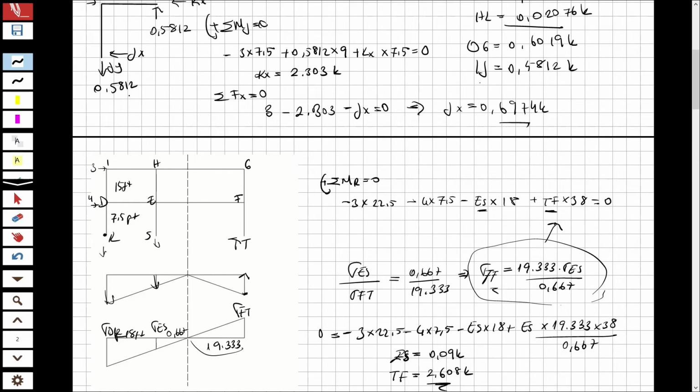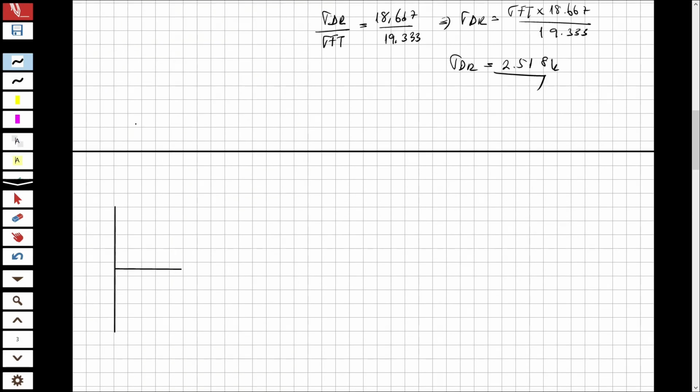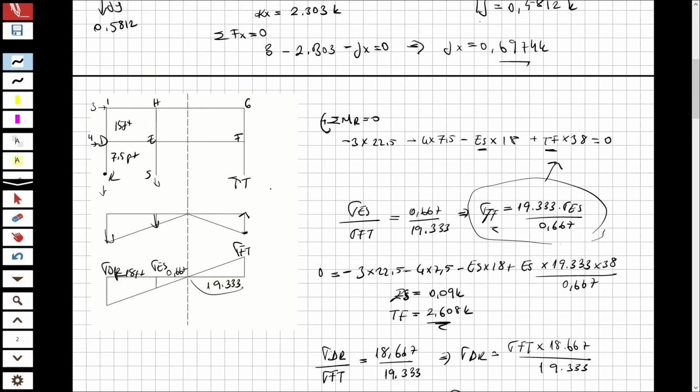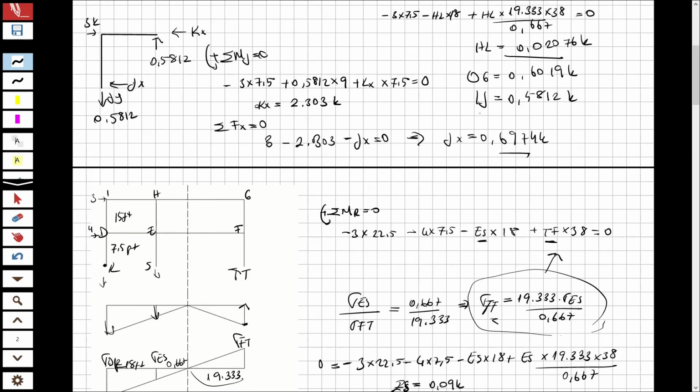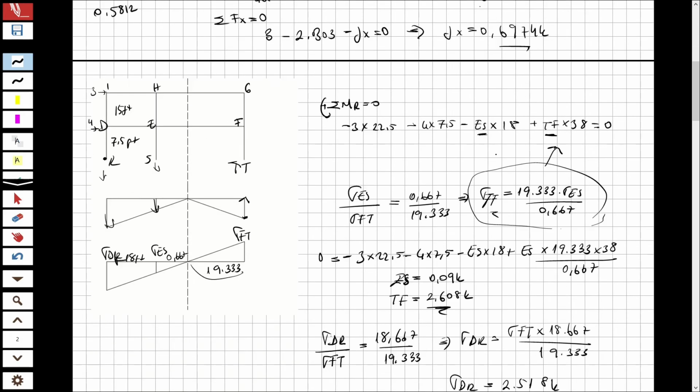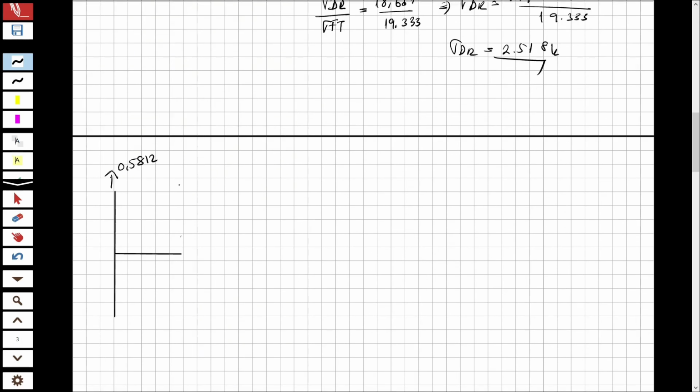Let's check point O. JY is going to be in this direction, 0.5812, because in the previous one it was a downward direction, so now it's going to be upward. For this one, it's going to be from left to right, so it's going to be JX, 0.6974.